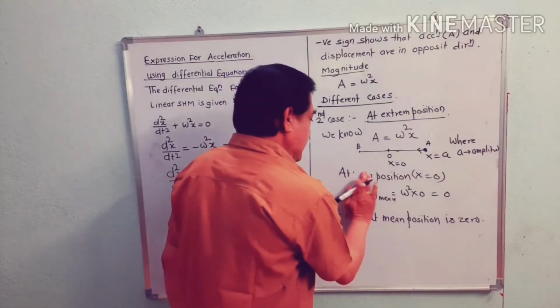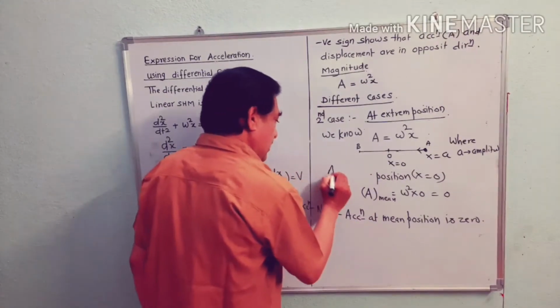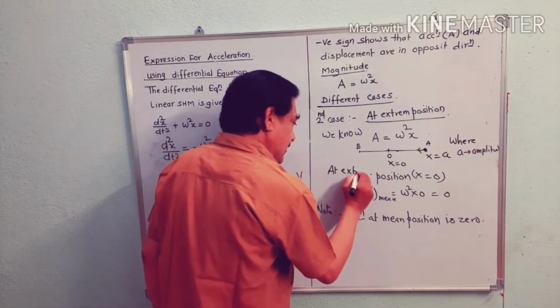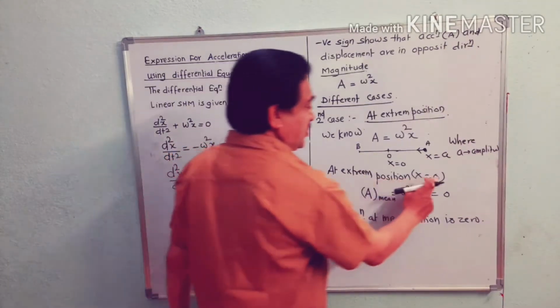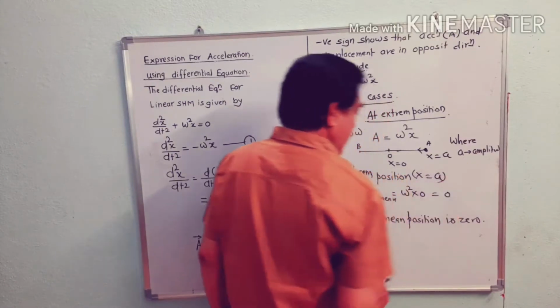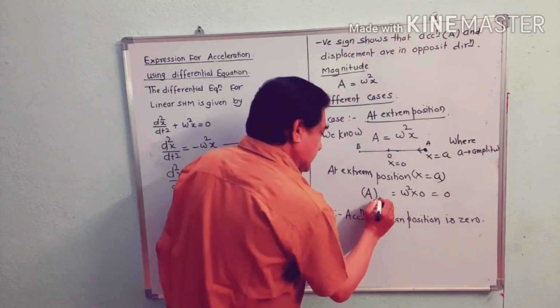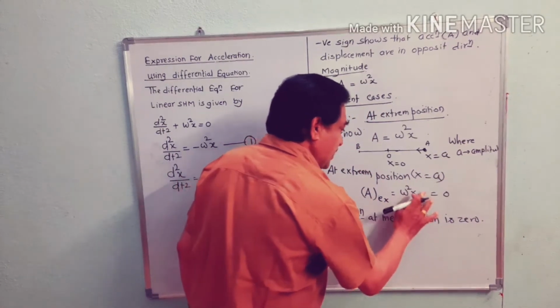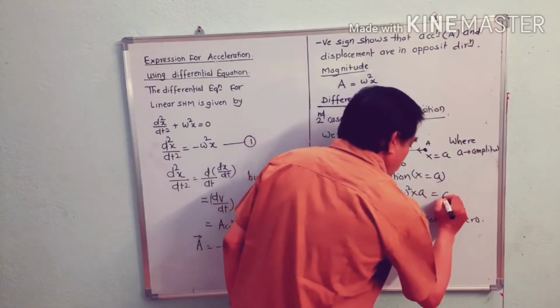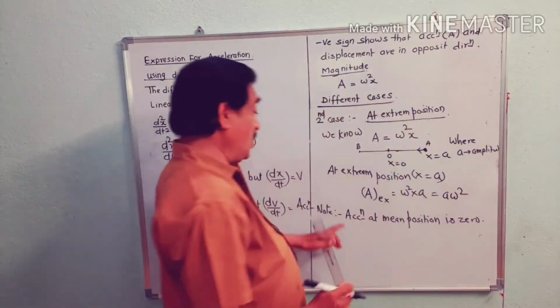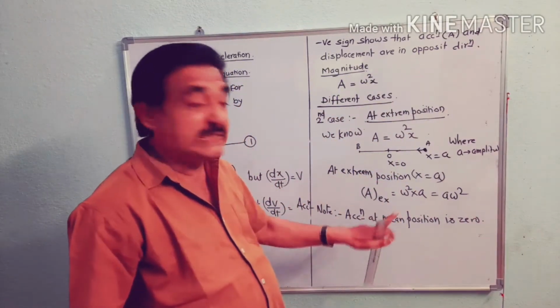So here at extreme position, x is equal to a, and acceleration at extreme position is equal to omega square a, that is equal to a omega square. So acceleration is a maximum.